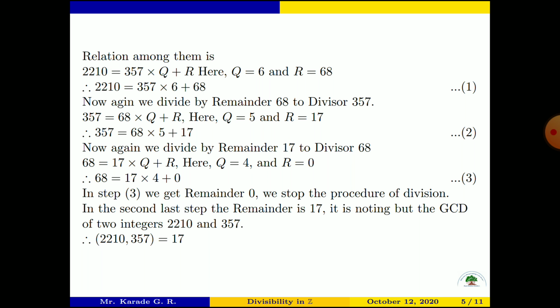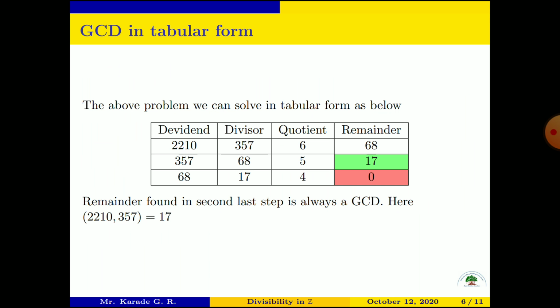Therefore, in notation, GCD of 2210 and 357 is 17. The same problem we can write in tabular form. So instead of writing that many things, we just write like this.